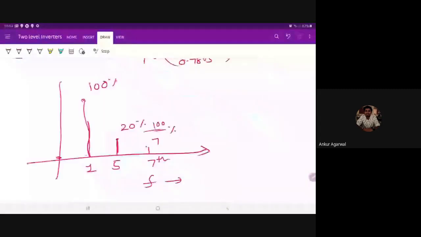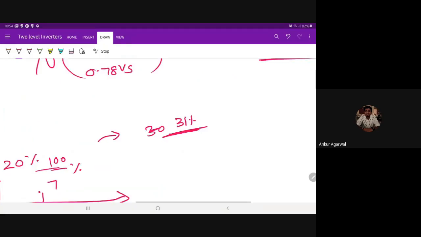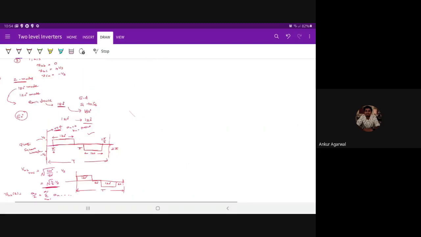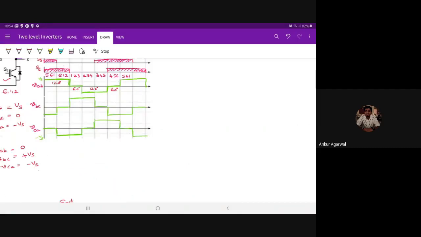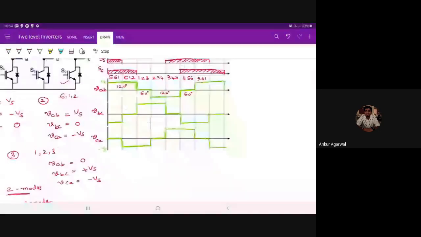So the total THD of this waveform is around 31%. This is about the 180-degree mode of operation.